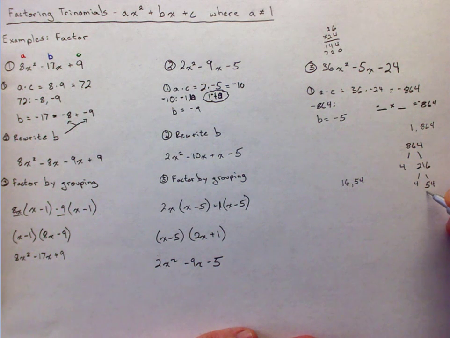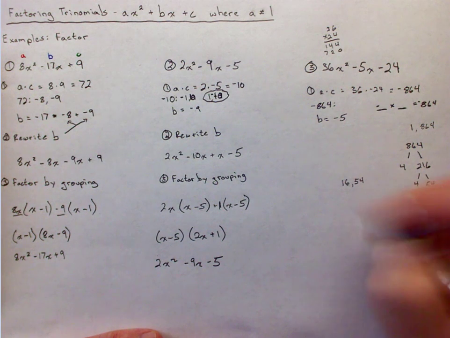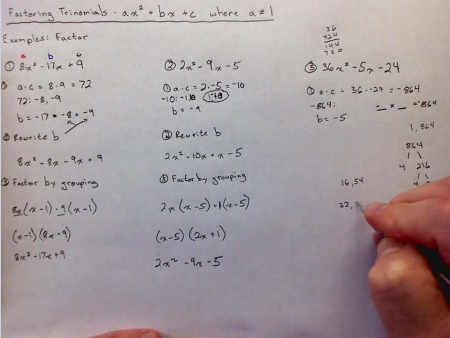So let me factor again. I'm just going to do it by 2 since that's an even number. 2 will go into 54 27 times. So now I have 4 and 4 and 2. So 4 times 4 times 2 times 27 equals 864. What I have now, 4 times 4 is 16, times 2 is 32, 32 and 27.